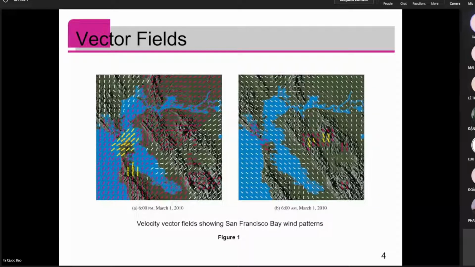So this is a velocity vector field showing San Francisco Bay, and the pattern looks like this here. So it means that if you are here, or here, and you go along the vector field, then you may go faster than if you go along the opposite side of the vector field.